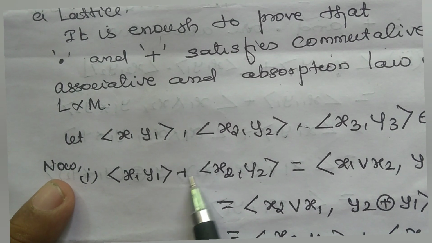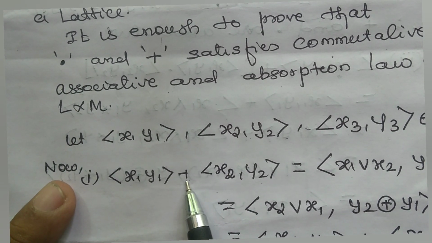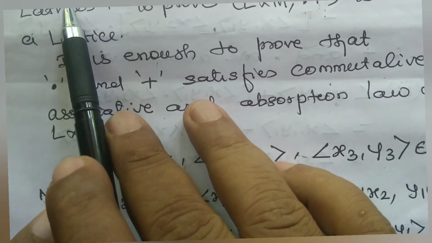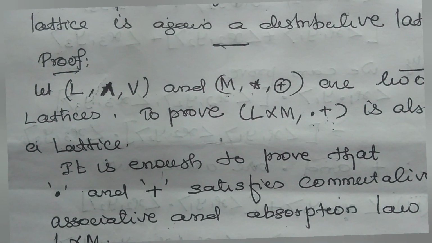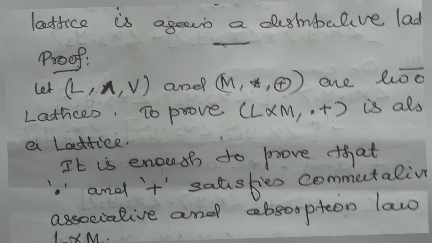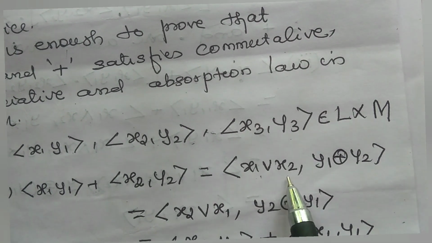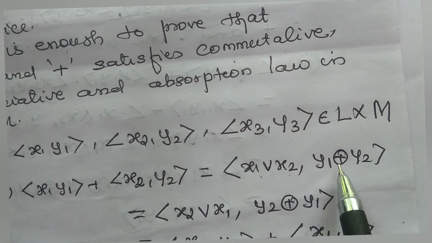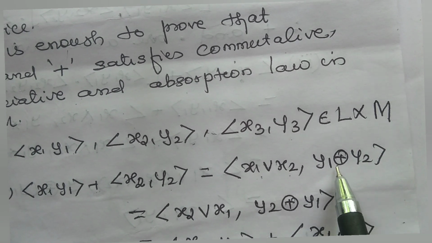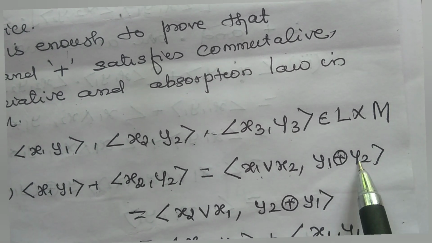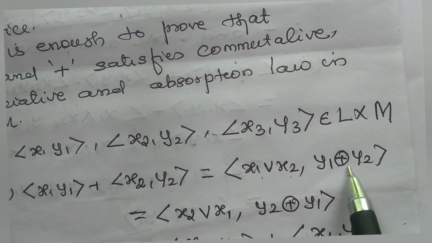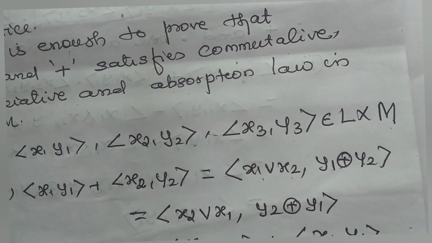Since we take the second operator, we take the second operator of L only, because x1, x2 belong to L. So that is equal to x1 or x2. And similarly, this plus is the second operator of M. Since y1, y2 belong to M, we take the second operator of M.